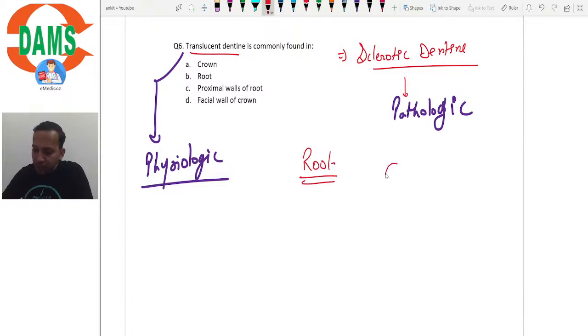If you look at the root, let's say this is the pulp canal. Where will the translucent dentin be found?